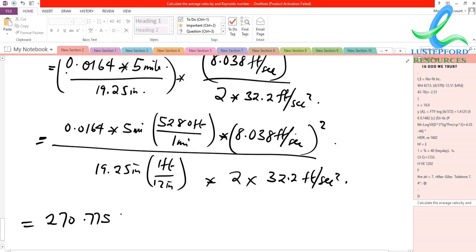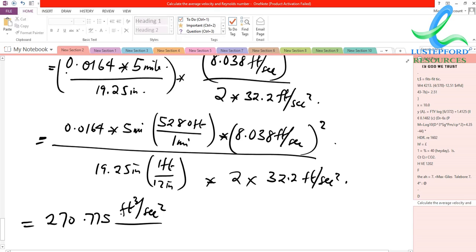We have feet square. So feet cube here now. Divide by feet cube all over second square. The mile will cancel out the mile. So you have feet cube all over second square.